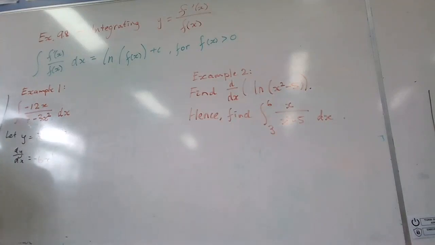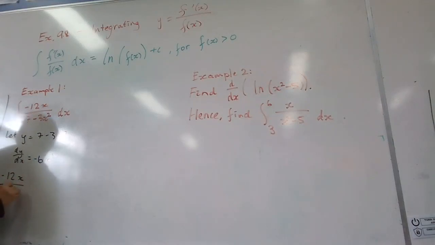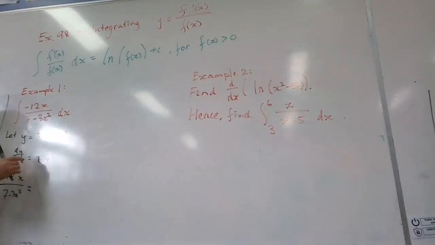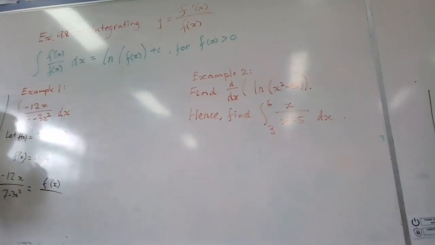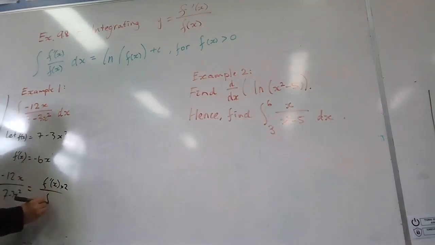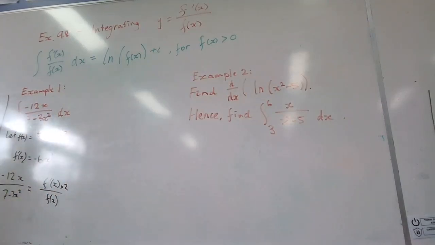So it makes sense to say that negative 12x over 7 minus 3x squared equals, and I'm going to replace this with f of x and f dash of x to make it a little easier to write. That means that f dash of x, which is negative 6x, I just multiply by 2 to make them the same, and I'm going to keep f of x on the bottom, because that hasn't changed yet.